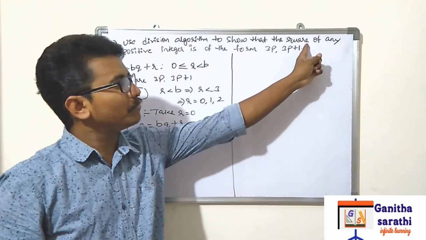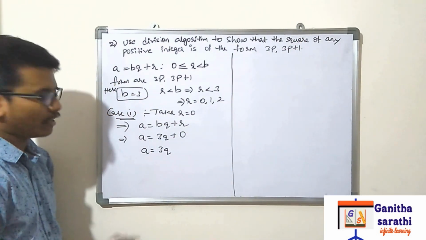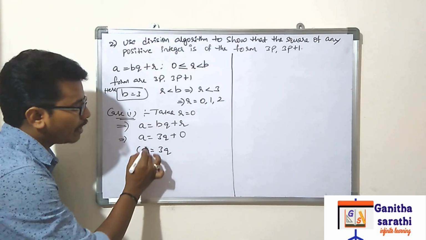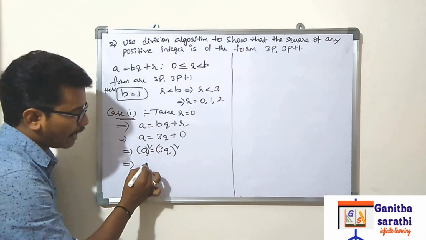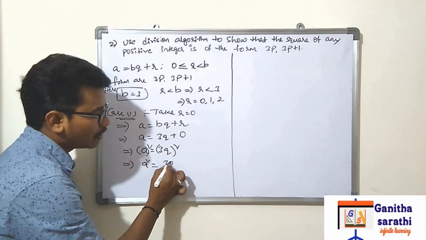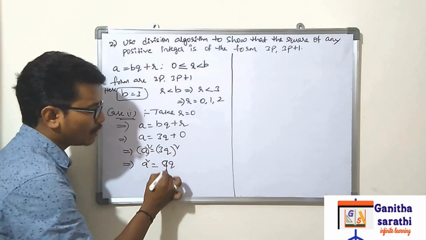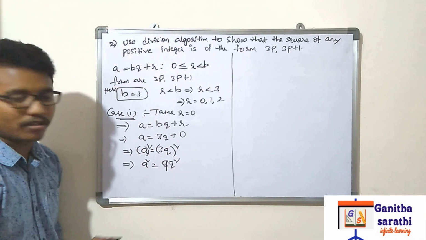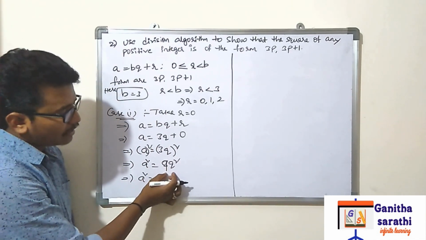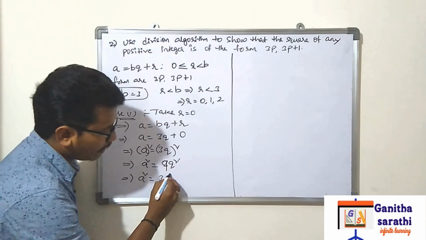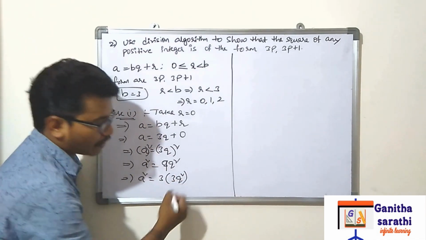What do we have to do here? Square of any positive integer, right? So do squaring on both sides. If you do squaring on both sides, a square is equal to 3q whole square. 3q whole square means 3 3s are 9, 9q square, right? Now a square is equal to, can you take common 3 in this? Yeah, we can take 3 into 3q square.